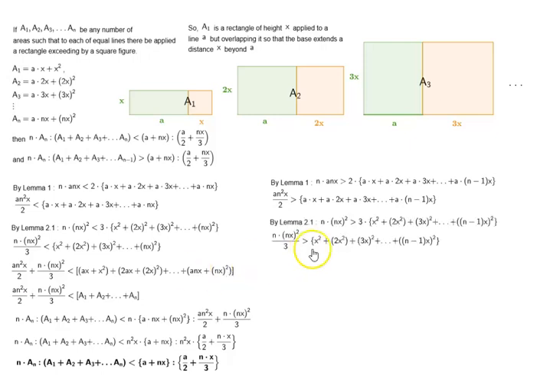And by lemma 2.1, we have n times nx square is greater than 3 times the sum of all the squares except the nth square.